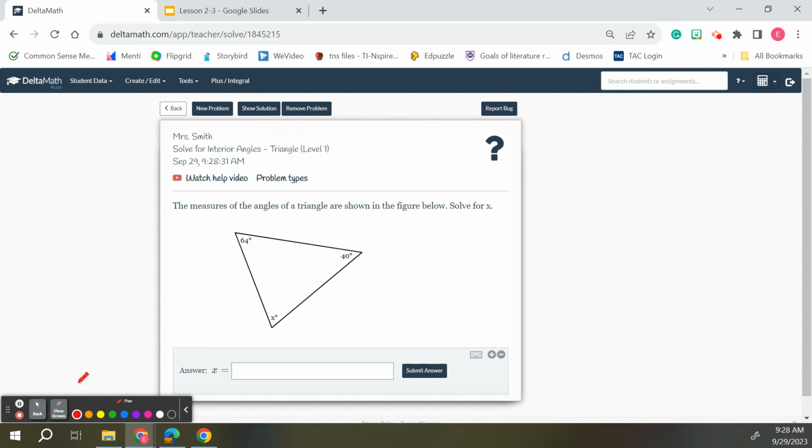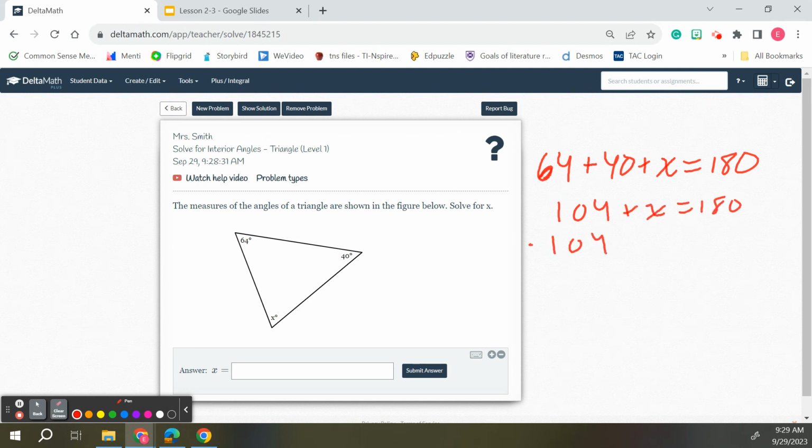So in this case, I'm going to have 64 plus 40 plus x equals 180. Now what's 64 plus 40? 104. So if 104 plus x equals 180, I subtract the 104 from each side.